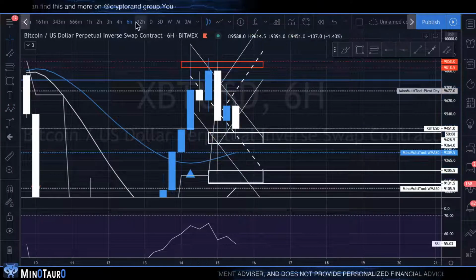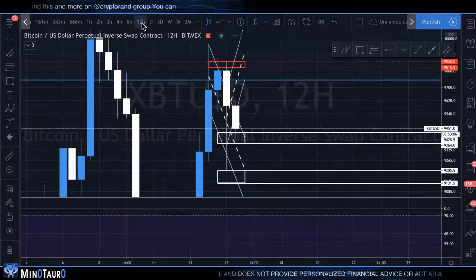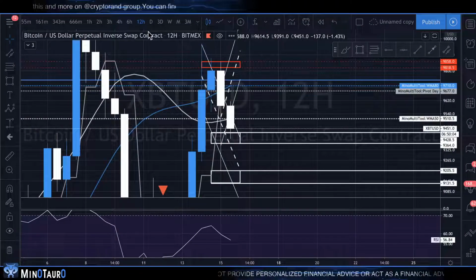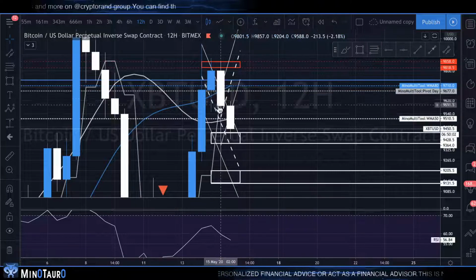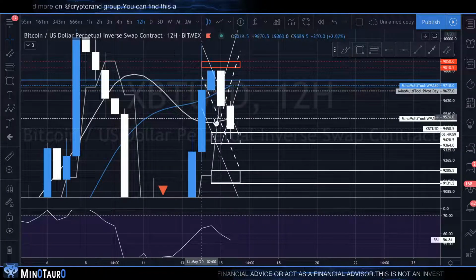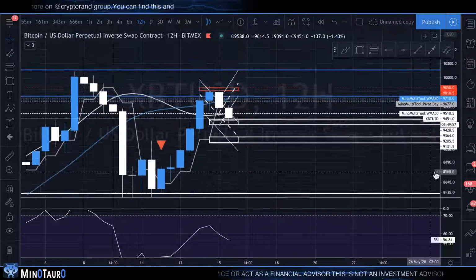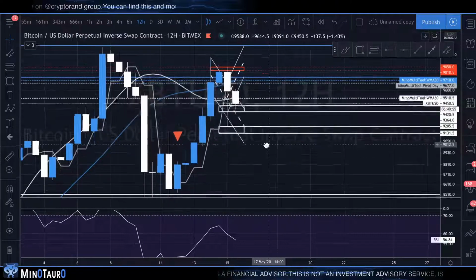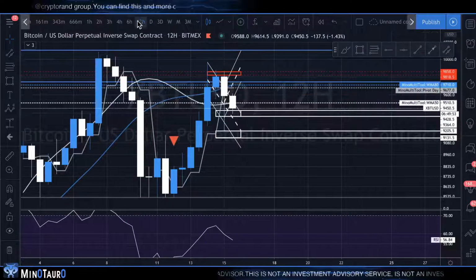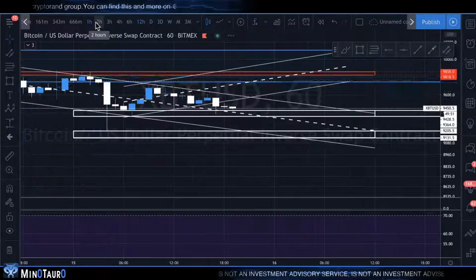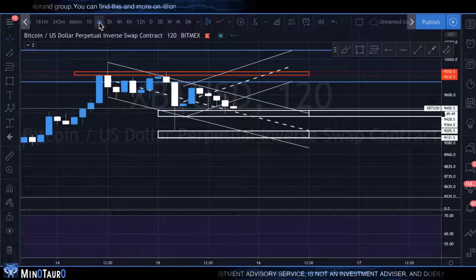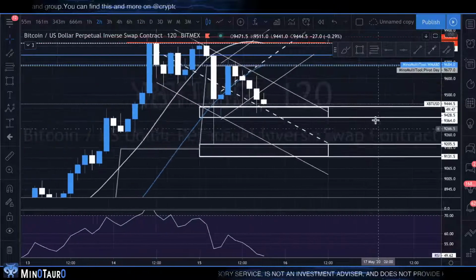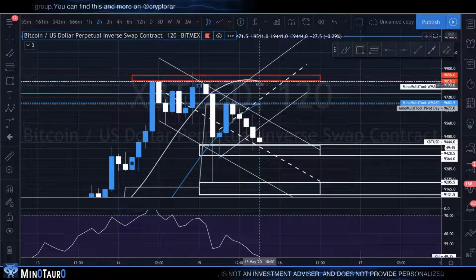So us probably continuing. The 12 hour, I told you, closed and wolfed, so more downside, and I don't think too much, but more downside. Basically, at some point we're going to have the cross down also on the 2 hour WMAs.